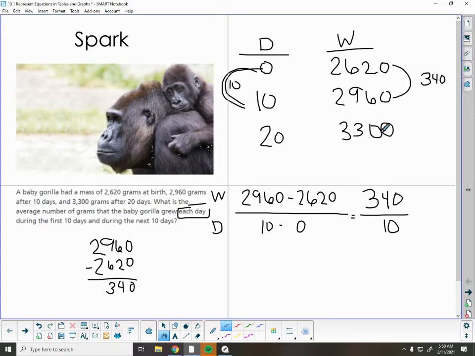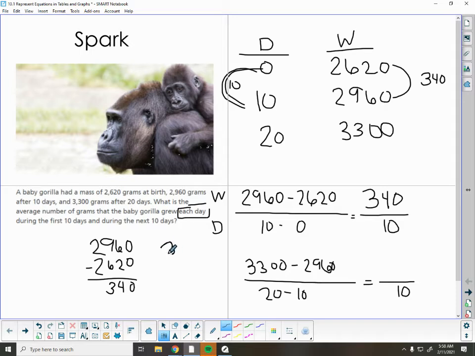Let's double check if there is a pattern being followed. Let's set up the same problem here. Now we're going to take day 20 minus day 10. I know it took 10 days.